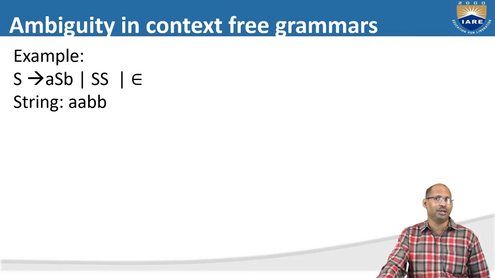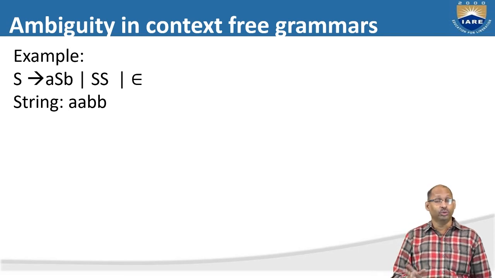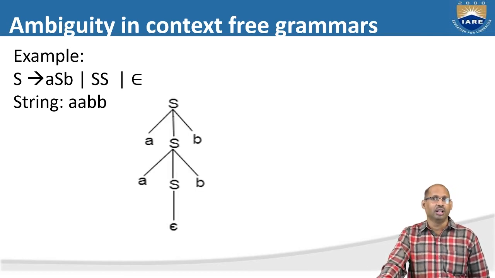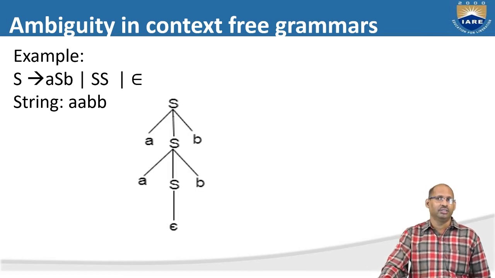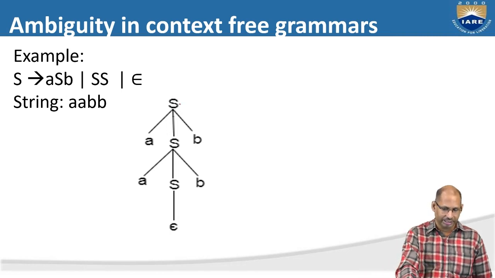Here a given example is there. Now we'll check. If there exist more than one leftmost derivation trees or rightmost derivation trees, then we say the grammar is ambiguous. Here S gives ASB, applying production number 1.